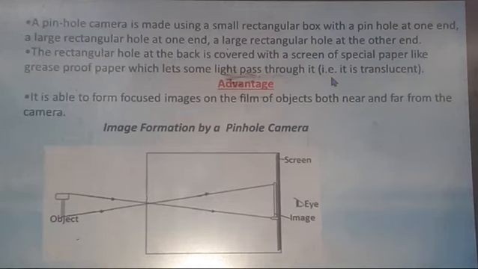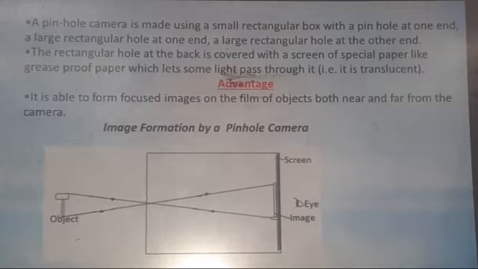A pinhole camera is made using a small rectangular box with a pinhole at one end, and a larger rectangular hole at the other end. The rectangular hole at the back is covered with a screen of special paper, like grease-proof paper, which lets some light pass through. Therefore, in simple terms, we are using a translucent screen.